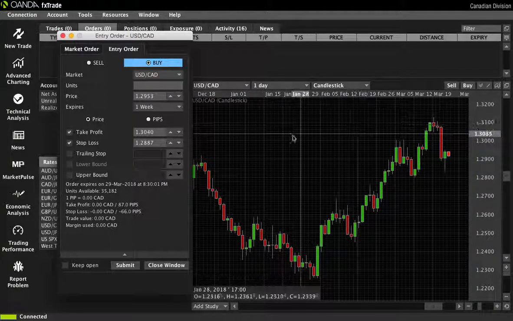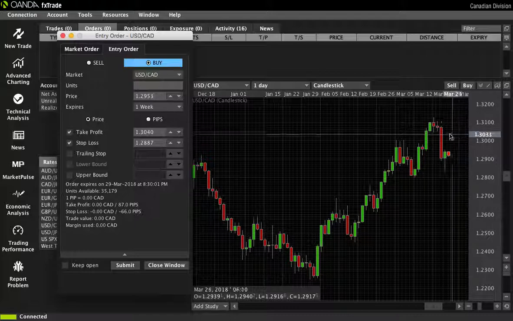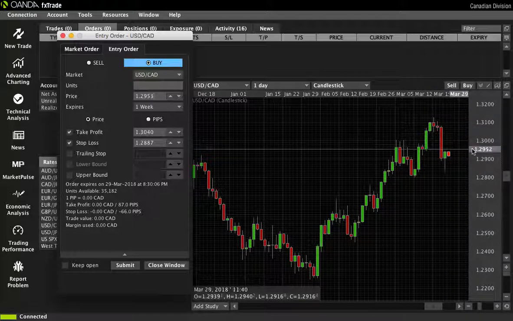I believe we have a high chance of hitting this resistance level right here, because 130, if the price triggers my entry and goes up, definitely it's gonna test it, because it's such a psychological level.